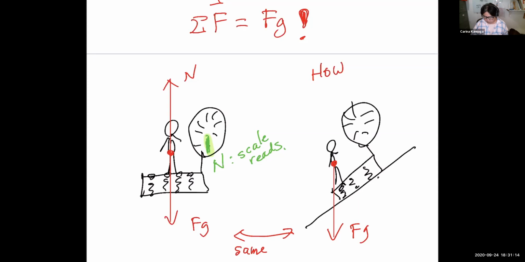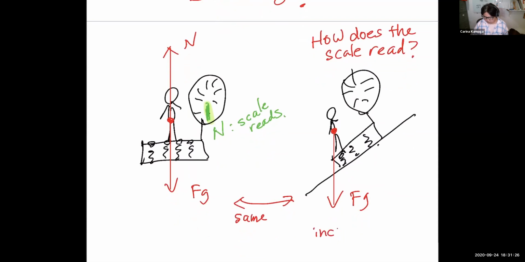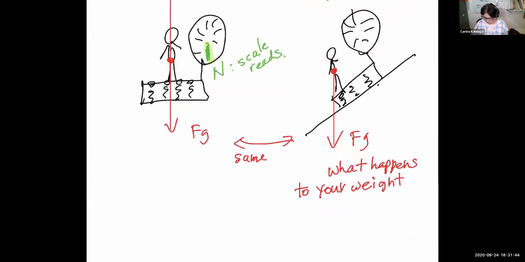How does the scale read? Does it increase?